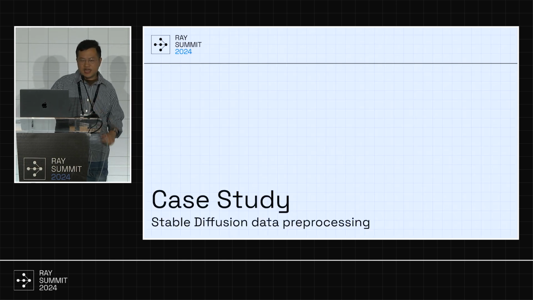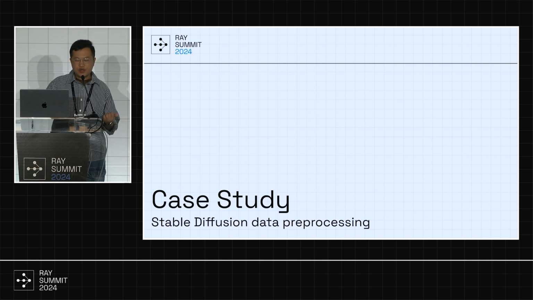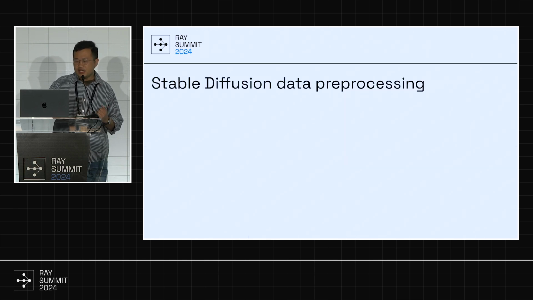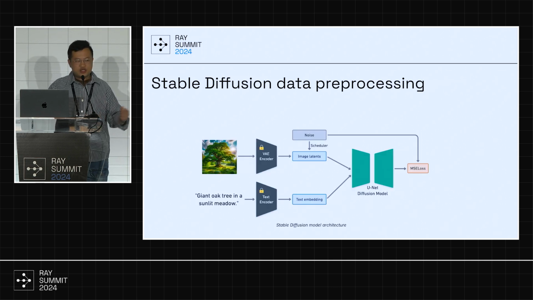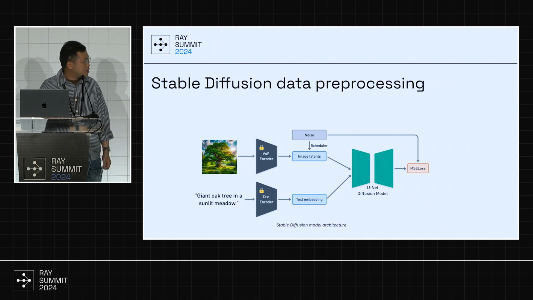Okay, in the last section of this presentation, let's walk through a concrete example to demonstrate how to use Ray Data to deal with a real-world problem of unstructured data inference. So the task we are going to implement is the data preprocessing pipeline for stable diffusion training. So this picture shows the model architecture of the stable diffusion model.